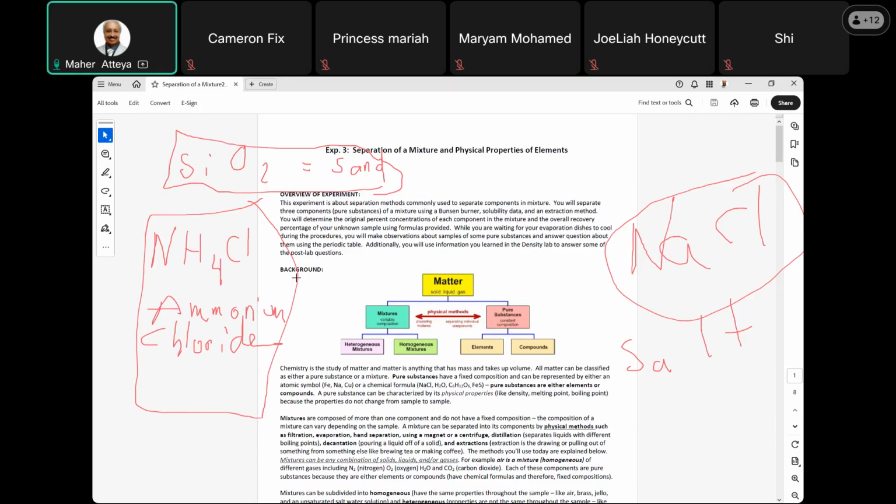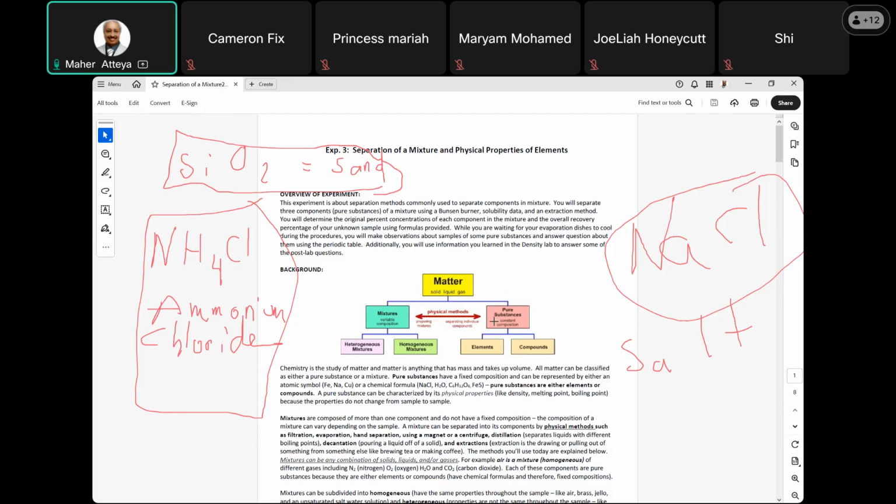Ammonium chloride sublimes at mild temperature, so we can get rid of it at the beginning, then weigh what is left. The difference in weight will give us the amount of ammonium chloride.